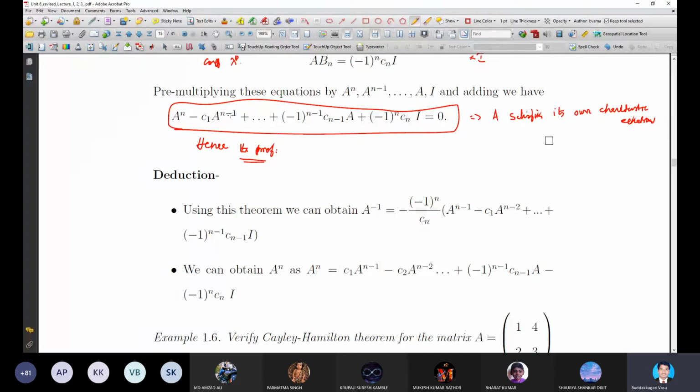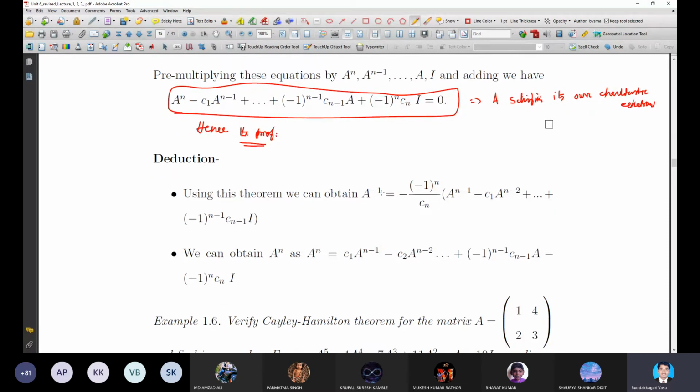So (-1)^(n-1) C(n-1) into I, right? Where the last one, A into A inverse, becomes I. So by using this, A inverse is equal to minus the coefficient of (-1)^n by Cn into this part. Okay, like that we can obtain the inverse of the matrix by using the Cayley-Hamilton theorem.